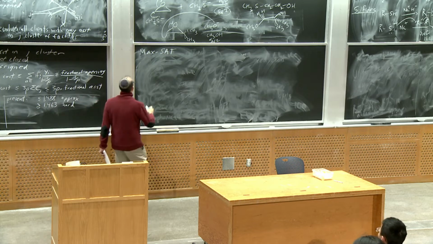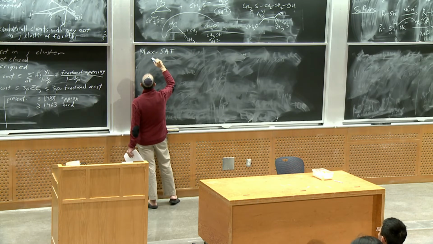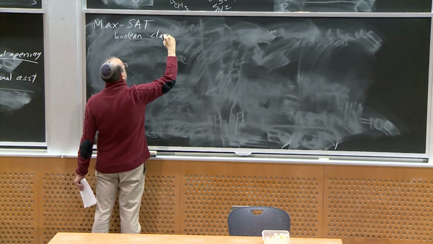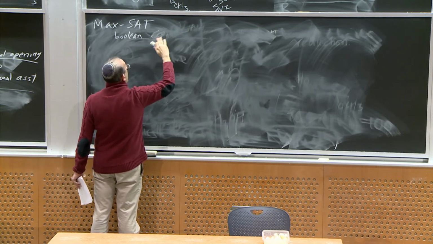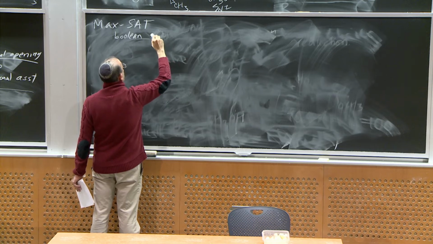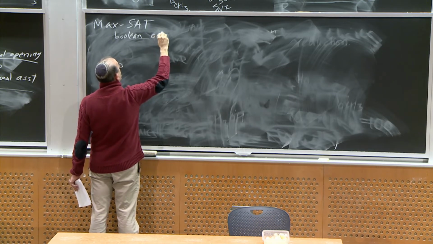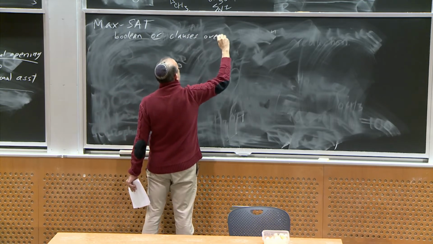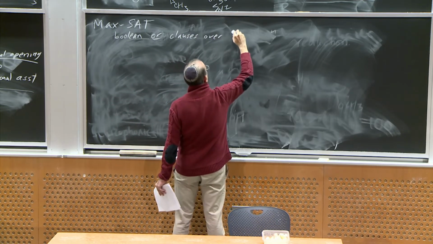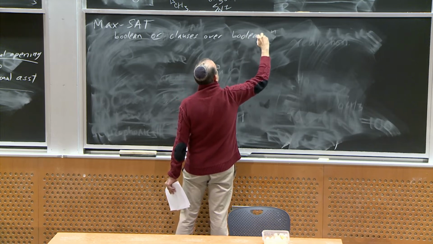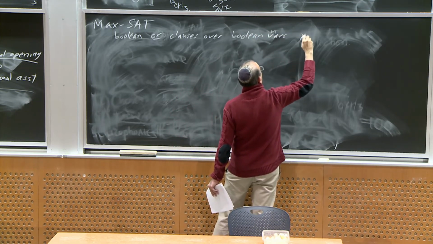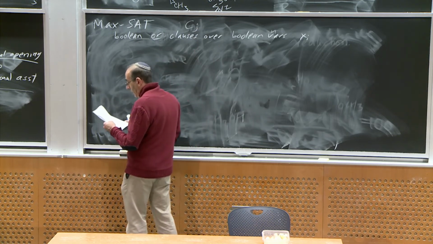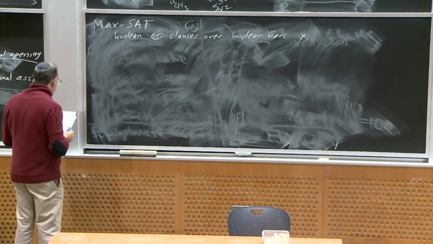You've got a collection of Boolean clauses. And these clauses are ORs over some Boolean variables, which I'll denote by xi's. And these clauses I'll denote by cj's.